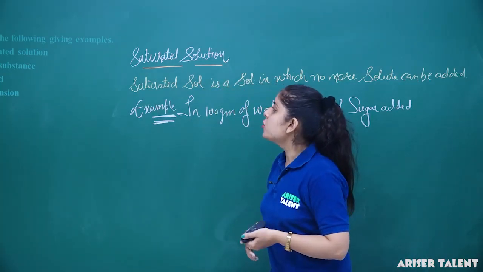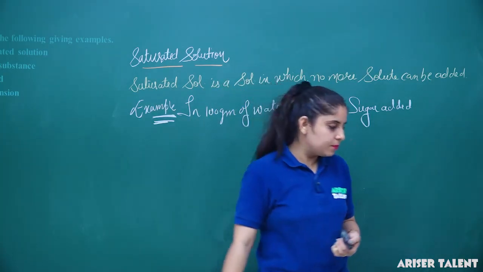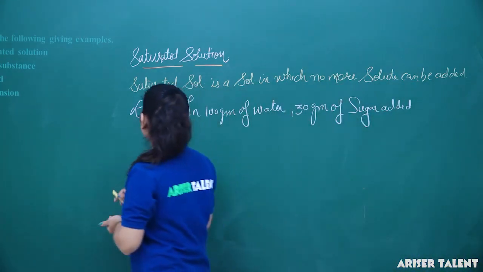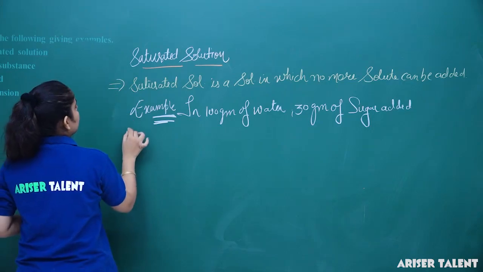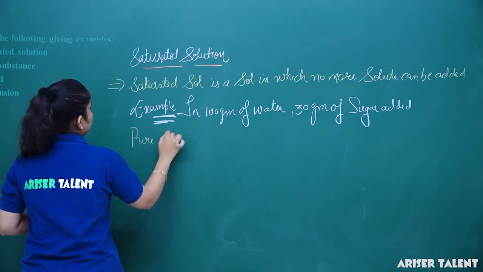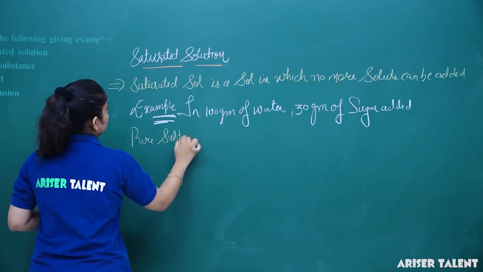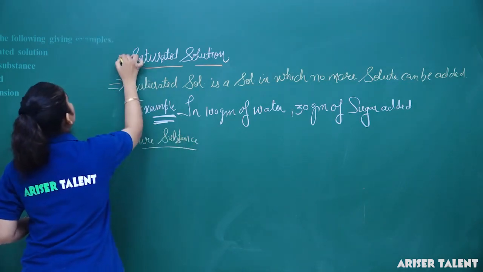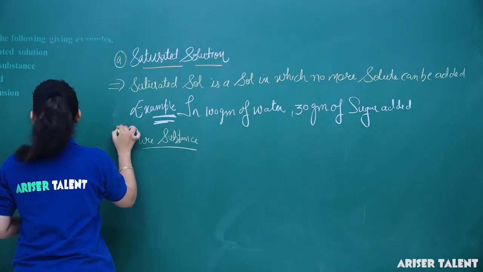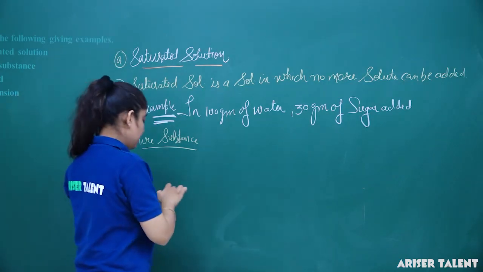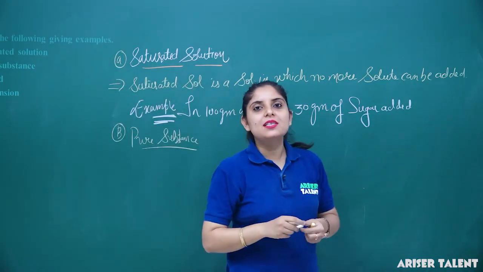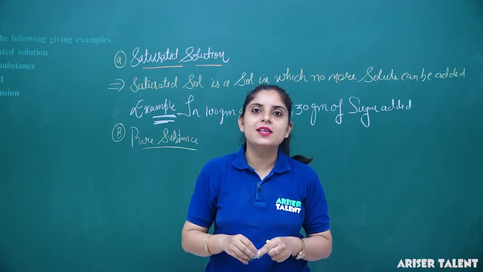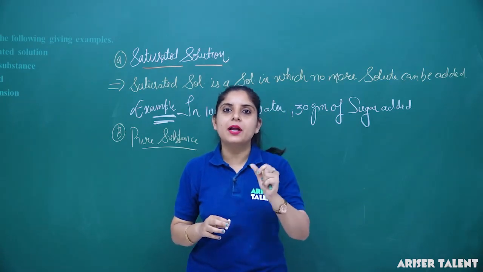Now, the next question is about the pure substance. A pure substance is actually a substance which is made up of the same kind of particles. If I am talking about gold and silver, it only consists of the same kind of particle.